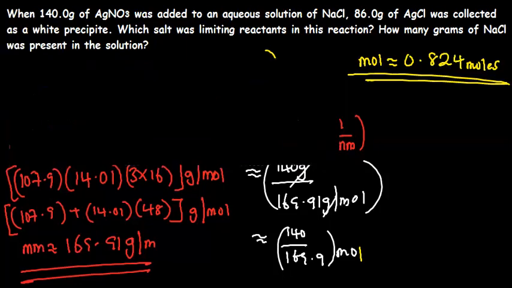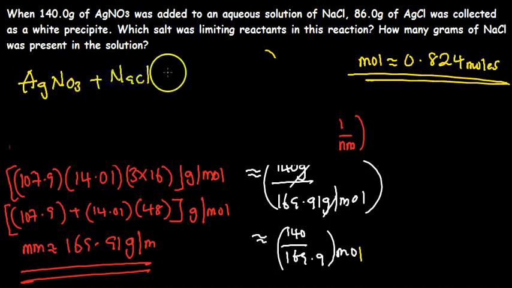We have seen the equation previously: silver nitrate plus sodium chloride gives silver chloride plus sodium nitrate.